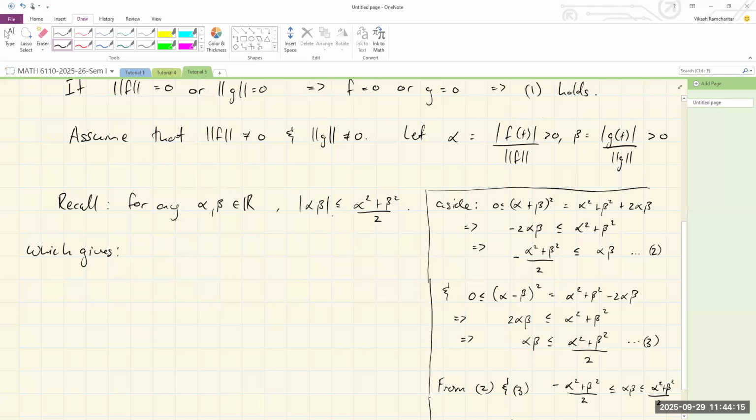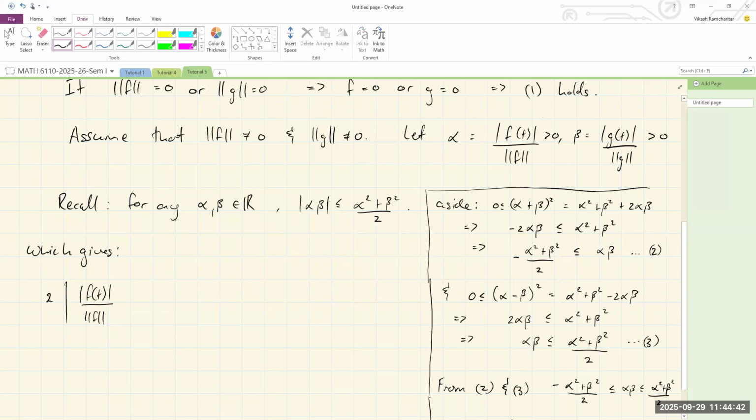So I'm just going to plug that into this inequality that we just proved. And this 2 in the denominator, I'm also going to take across to the left-hand side. So that will give 2 into modulus of f of t all over norm f.